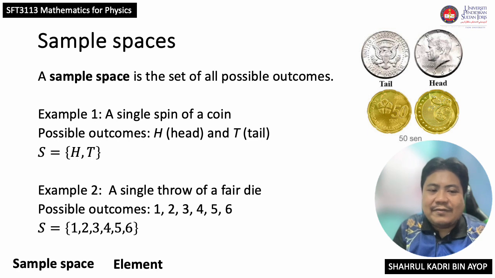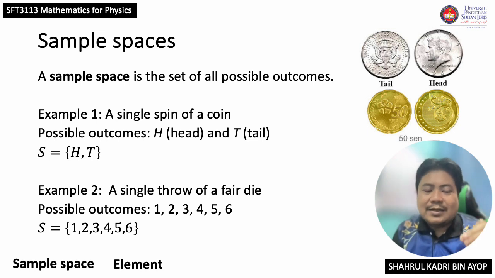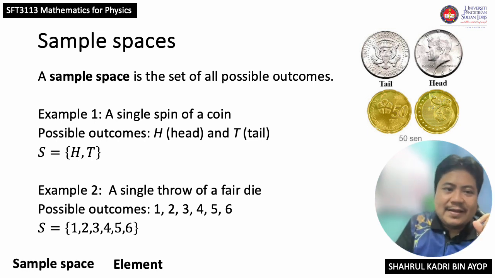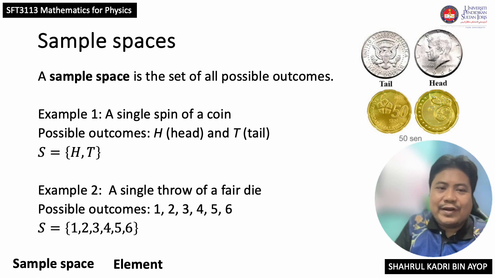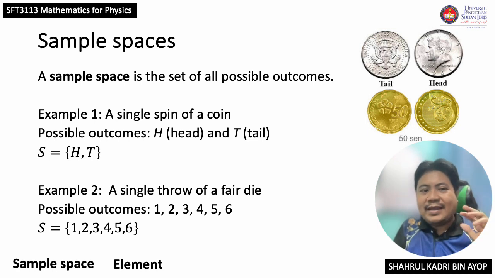We can write it in this notation. So the sample space is capital S, and the outcomes are called elements. In this case, the sample space has six elements, six outcomes. For a coin, it has two elements. So that is sample space and elements.